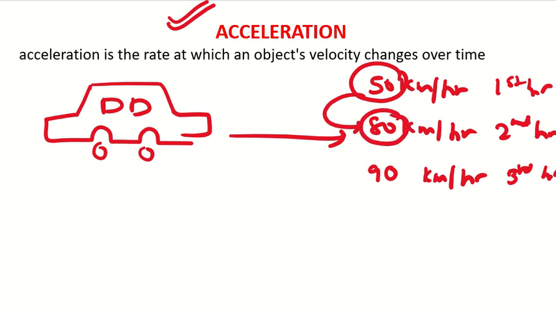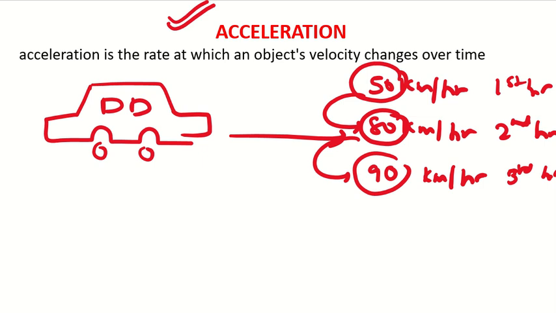Let me not talk about speed, let me talk in terms of velocity, right? When I talk about velocity, there is a change in velocity. It is increasing, it goes from 50 to 80, then the velocity changes from 80 to 90, right?